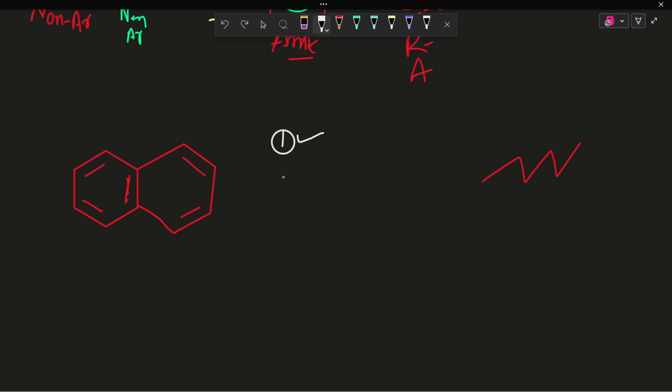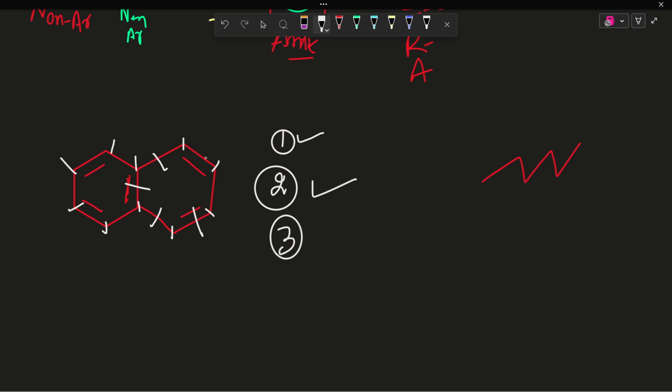The second rule is there should be no sp3 carbon. This one sp2, this one sp2, and so on, all sp2. So there is no sp3 carbon. The second rule is followed. The third rule, conjugation. Is there conjugation? Double bond, single bond, double bond, single bond, double bond. Conjugation, right? So conjugation is there.